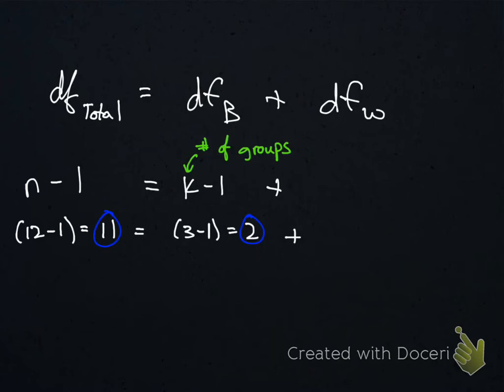The degrees of freedom within is just n minus k. So in the example that we're using here, that would be 12 minus 3, which is equal to 9. And so you can see here that the degrees of freedom total of 11 is equal to the degrees of freedom between being 2 and the degrees of freedom within being 9. Add those together, you get 11.